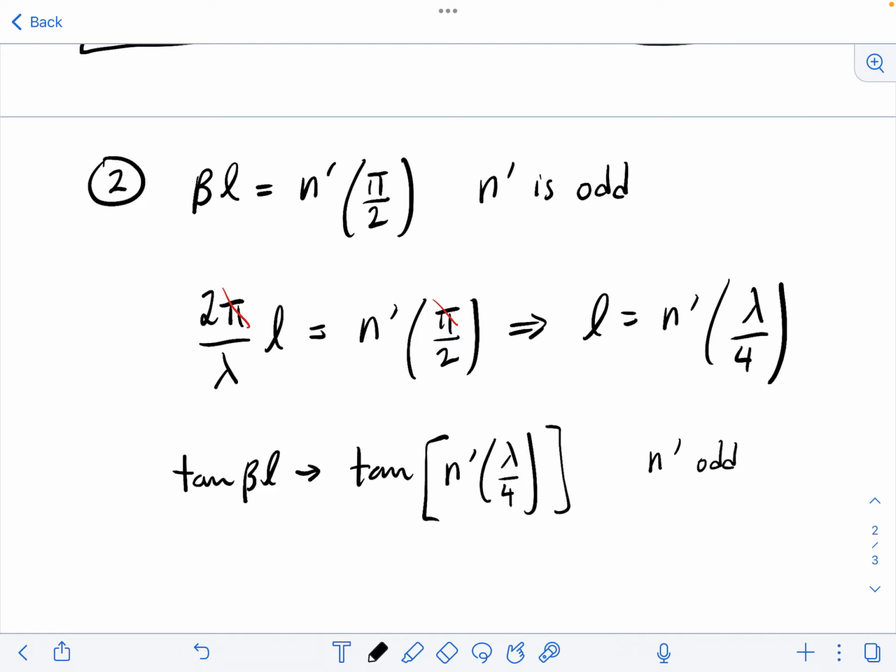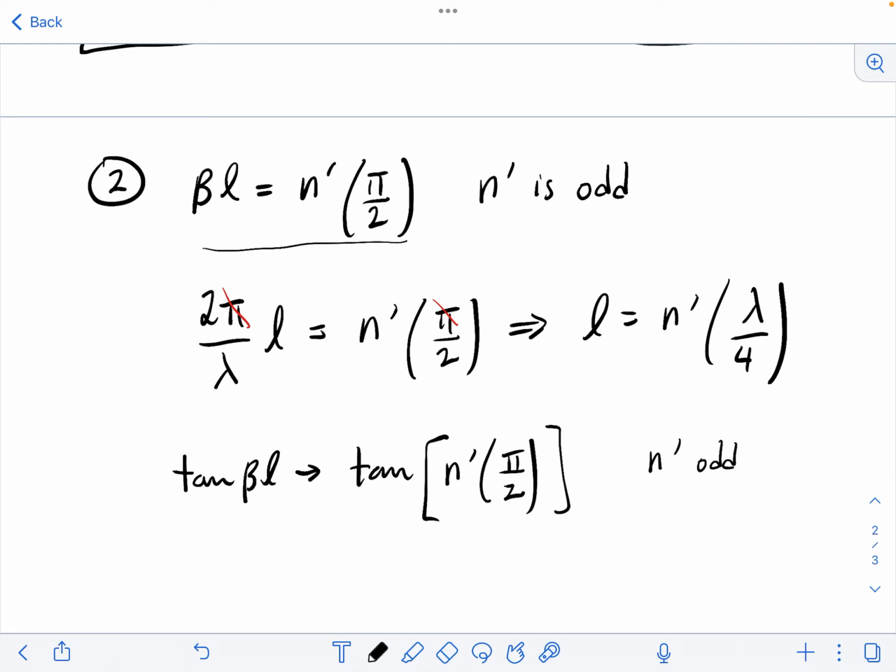Sorry, I didn't want to do that. Let me fix this. I want to go back to what we originally had, not in terms of lambda, but in terms of pi over 2. So beta L is n prime times pi over 2.